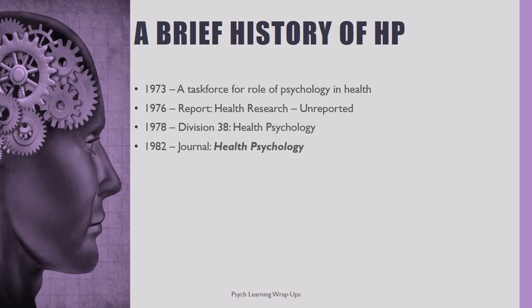After that, there was acknowledgement from professionals in other fields of psychology. Then postdoctoral training also began in the field of health psychology. There was recognition from the American Board of Professional Psychology and the American Psychological Association Commission on Recognition of Specialties and Proficiencies in Professional Psychology.